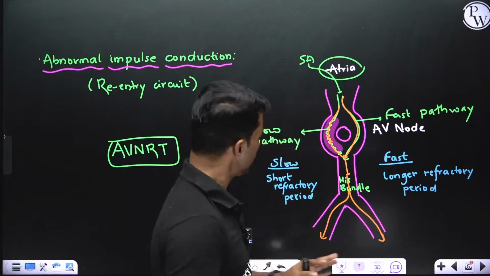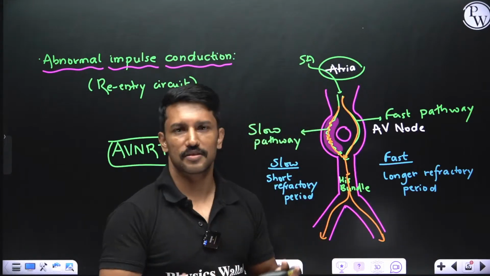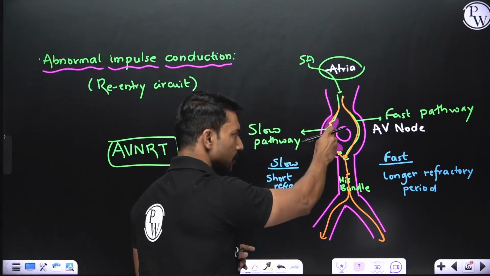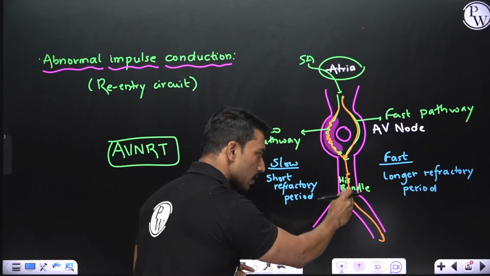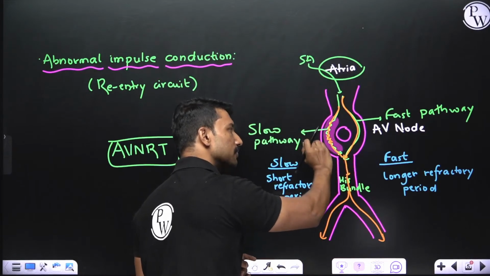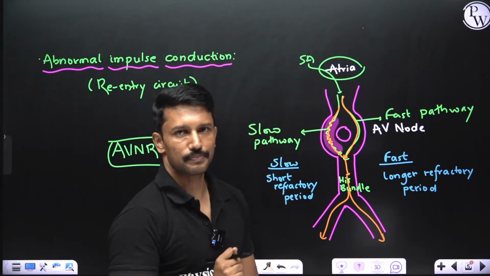So you can say virtually the slow conducting pathway is non-existent. Means it is there, but whatever slow impulse is coming through it is not going to reach the ventricle, because the fast impulse will reach the ventricle ahead and the retrograde conduction will cancel out the slow impulse.